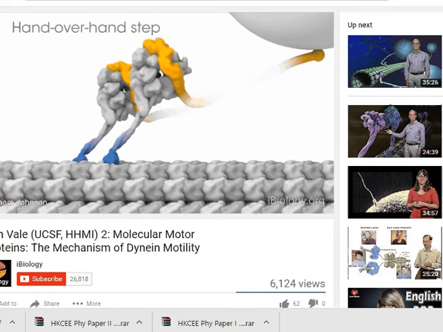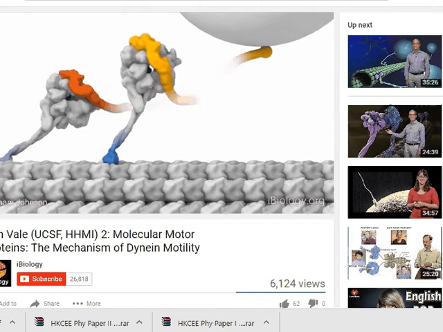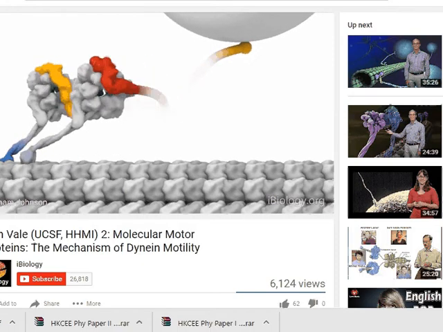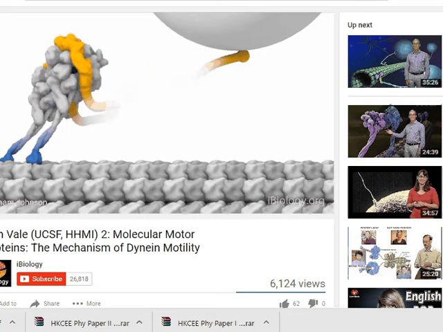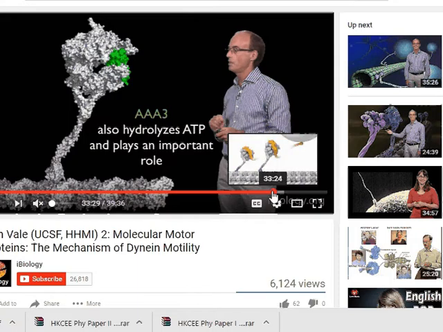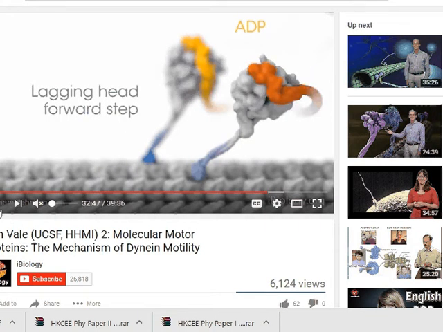Then there is ATP binding. Then after the ATP becomes hydrolyzed, it returns to its original conformation, and then it tries to pull the cargo towards the cell.